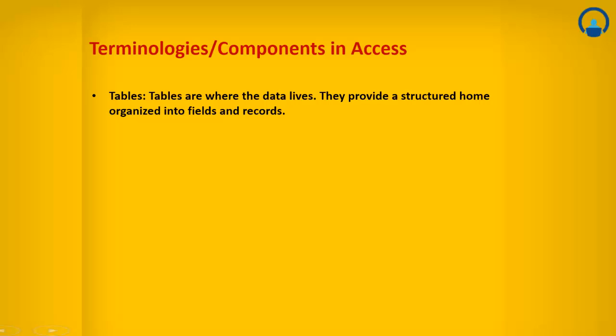I just want to give you a brief introduction to what these are and how they function basically. Talking about tables, this is where the data is stored. This is where the data lives. They provide a structure and it is organized in the form of fields and records. We'll see what fields and records are specifically when we open up the Access database.